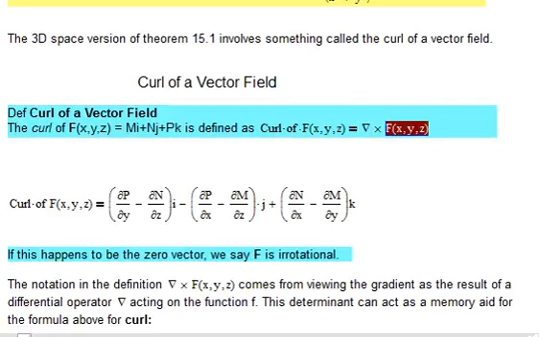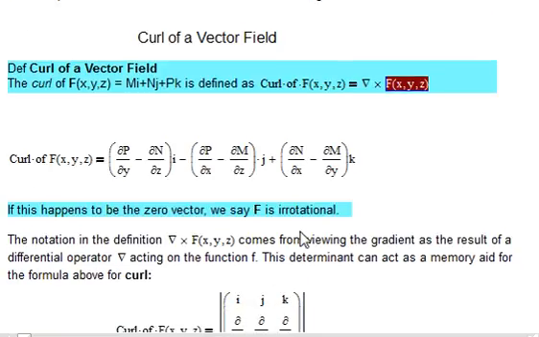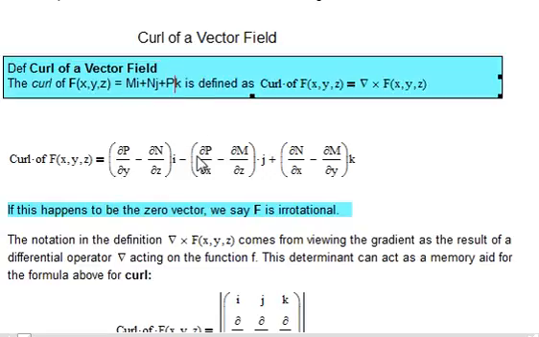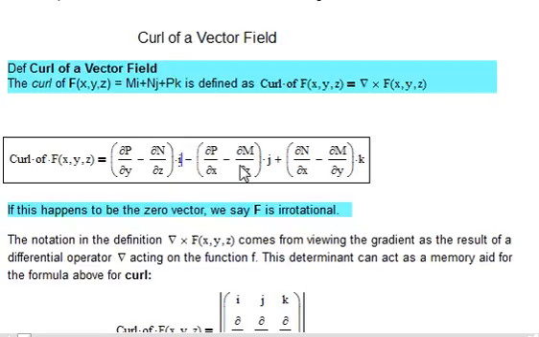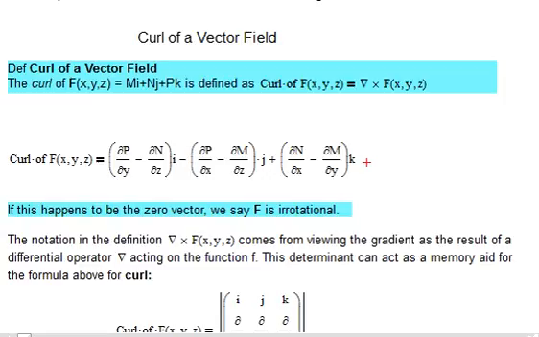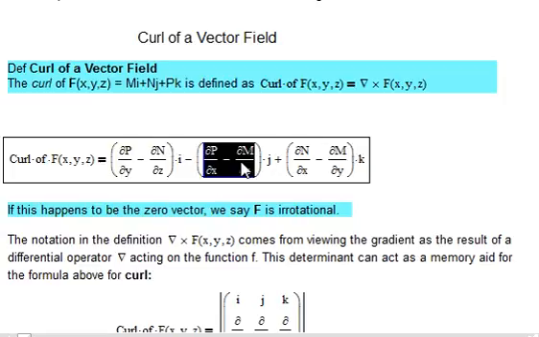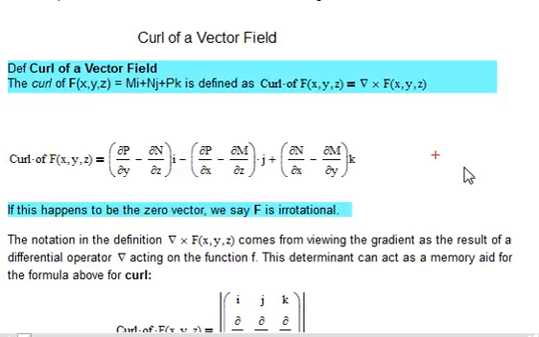Now what does that mean? It means something involving partial derivatives of our M, N, and P times i, plus some partial derivatives times j, plus some partial derivatives times k. By the way, if it happens to be the zero vector, if all three components are 0, then we say the vector field F is irrotational.